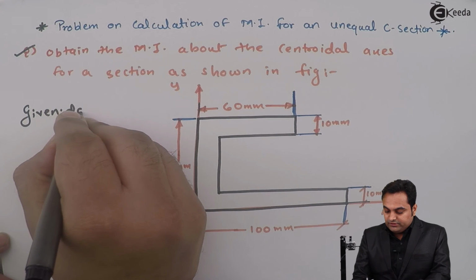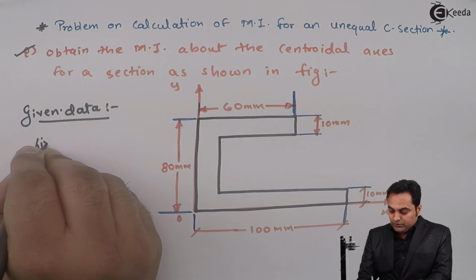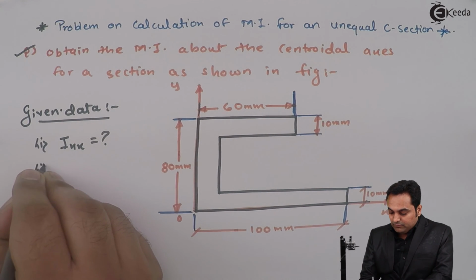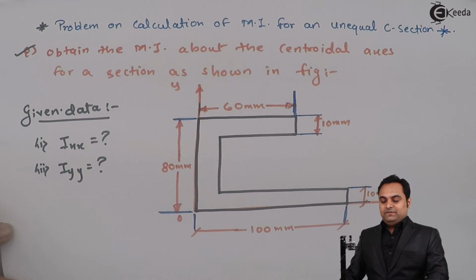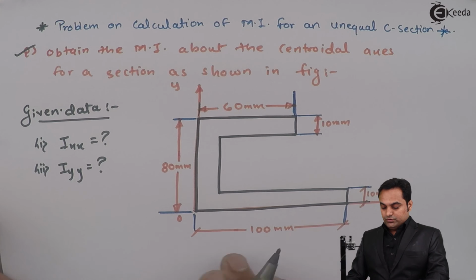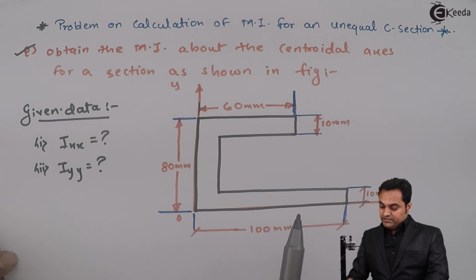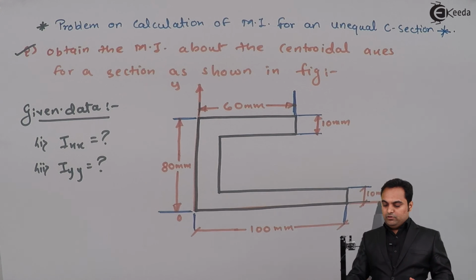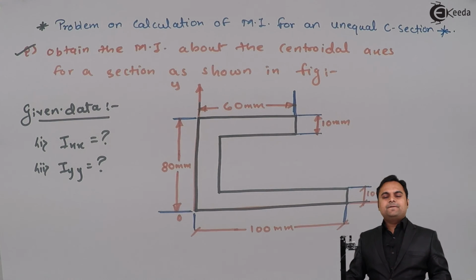I'll write down the data. Obtain the MI means we have to calculate moment of inertia about x-axis and moment of inertia about y-axis for the channel section which is shown in figure. Now to start with this, as we can see, this channel section is neither symmetric about x-axis nor about y-axis.